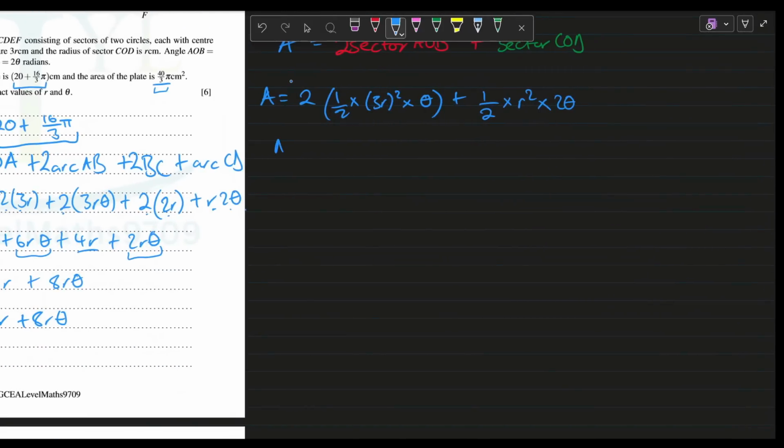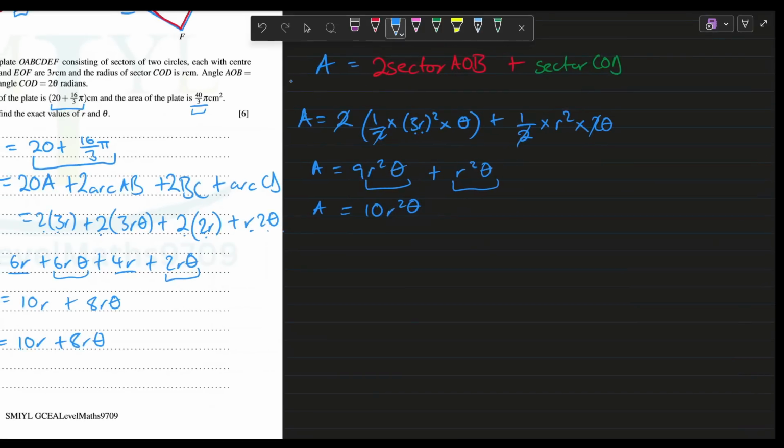We're saying that our area here is equal to, that's 2 times half, that cancels out. Then here square the 3, you get 9, square the r, that's r squared, and that's times theta. Plus, here the half and this 2 cancel out, so you remain with r squared theta. And these two are like terms, so we can add them together. It's just 9 plus 1, so that's 10 r squared theta. And this must be equal to the area of the metal plate.